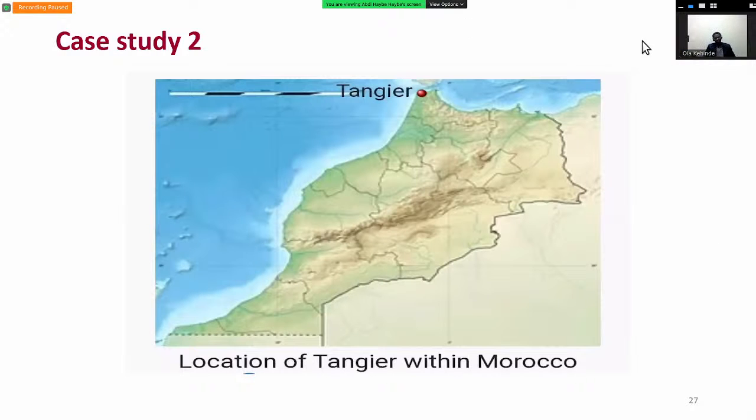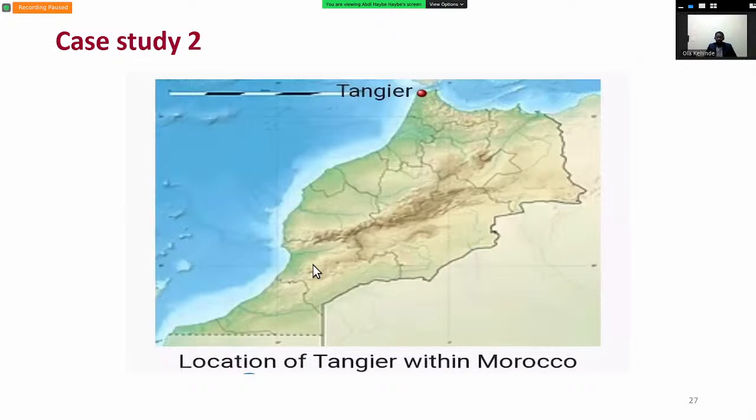Good evening. My name is Ola, and much has been said by my previous colleagues on the mathematical expression of this. The case study I'll be presenting tonight is related to the railway slope in the Moroccan Rif between Tangier City and Tangier Mediterranean Port, as shown on the map.